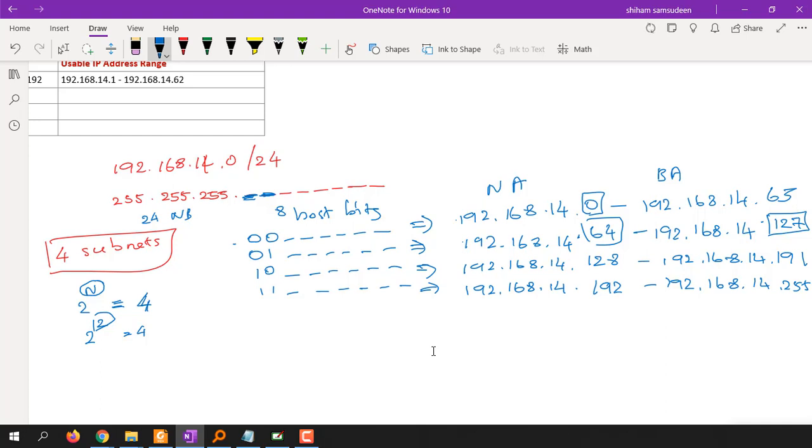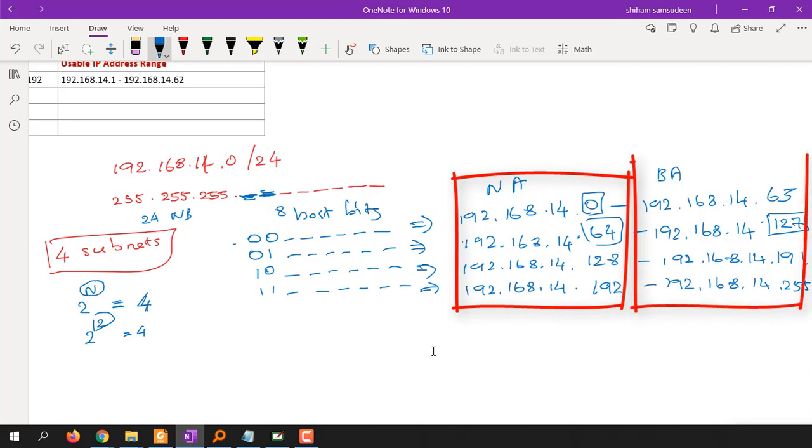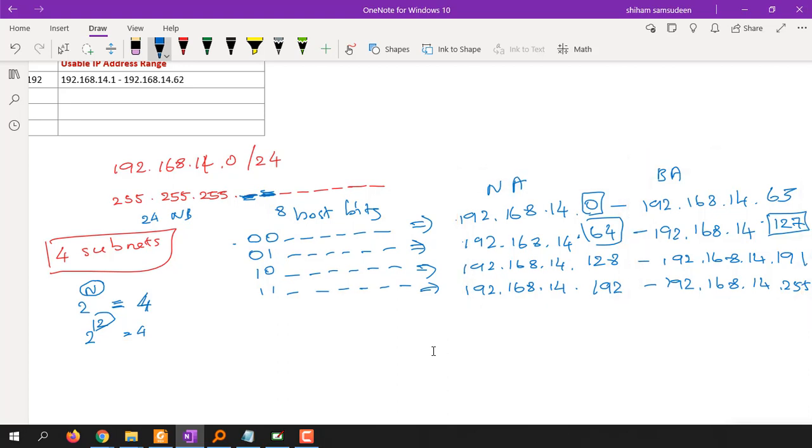So basically we have derived how many bits we require for the networks. That was 2 bits, and we wrote down the combinations 00, 01, 10, and 11, and we found out the network address and the broadcast addresses for each of these ranges, right? So this is pretty easy.